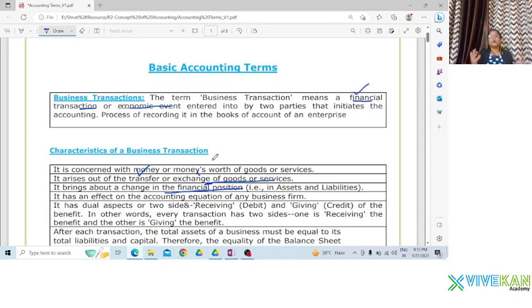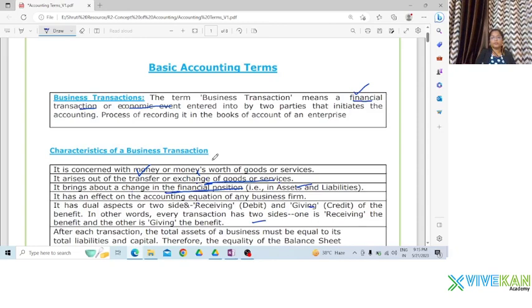As in this example, when we are purchasing and giving cash, there is an equation. There is always a double entry system, as I explained previously, which is receiving and giving.